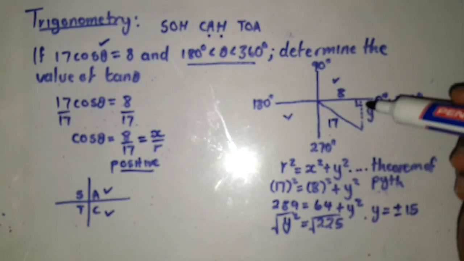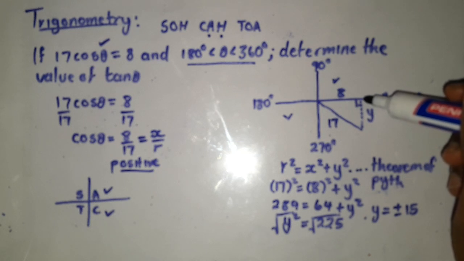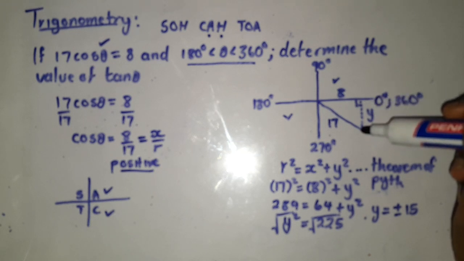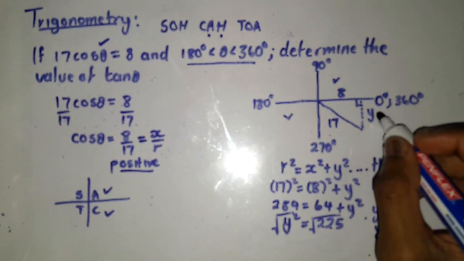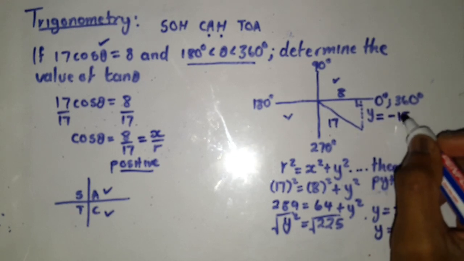From this diagram, you can clearly see that y is below. That means it's going to be minus 15. Now we know the value of y is minus 15.